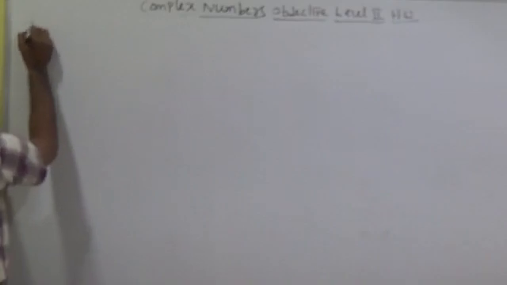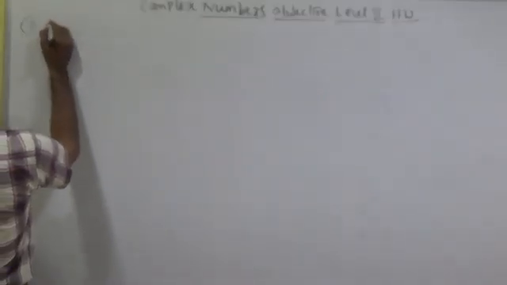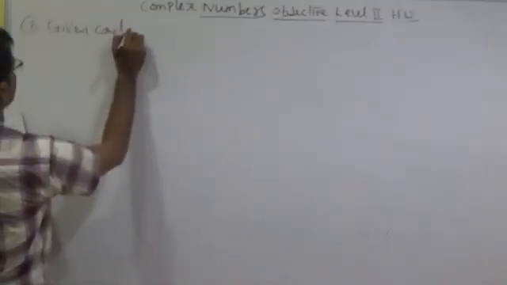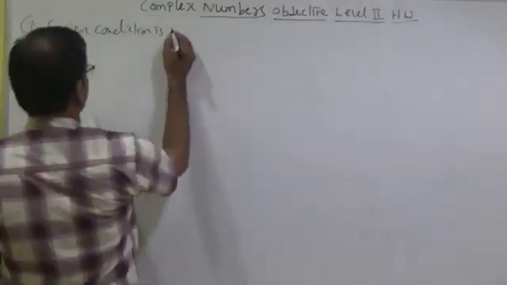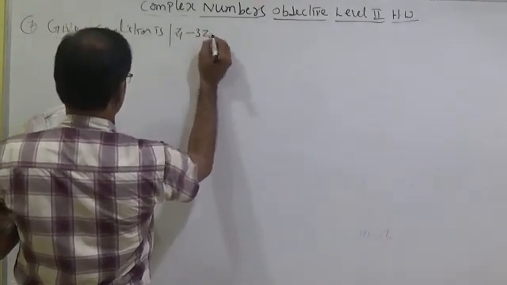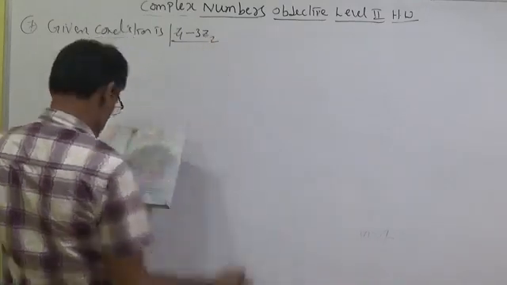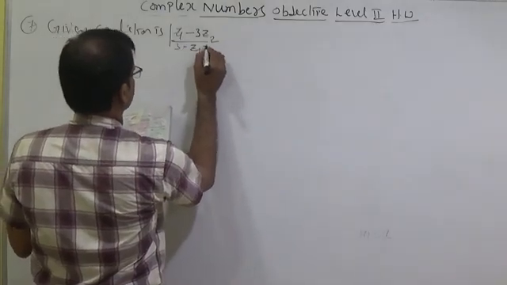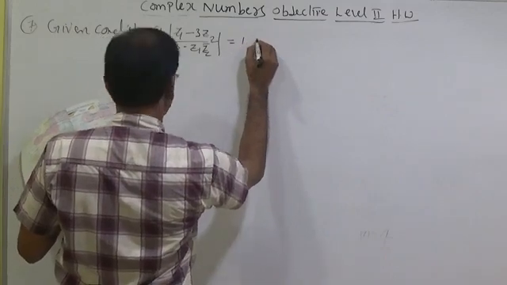Now, seventh question. If Z1, Z2 are two complex numbers such that the given condition is modulus of Z1 minus 3Z2 whole by 3 minus Z1 Z2 bar, over modulus, is equal to 1.